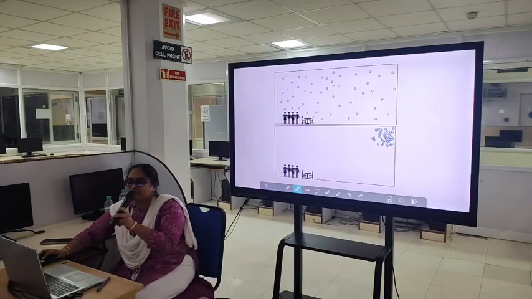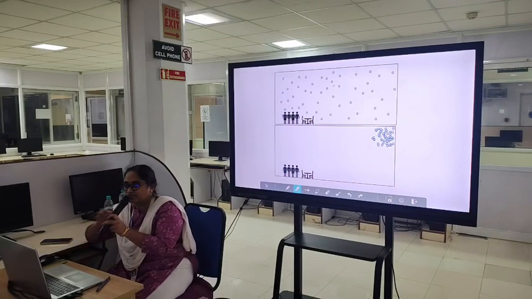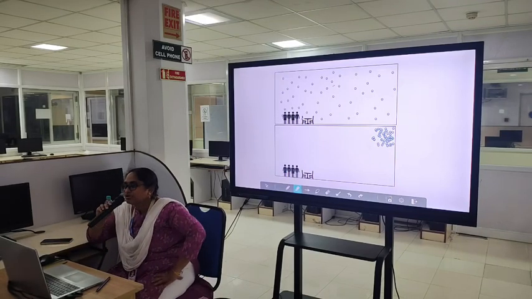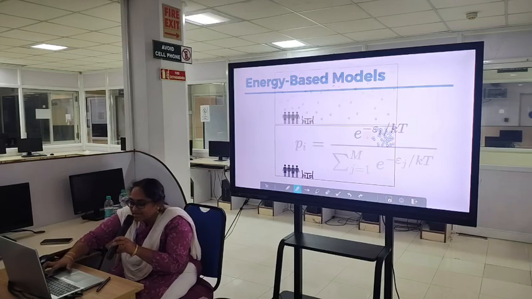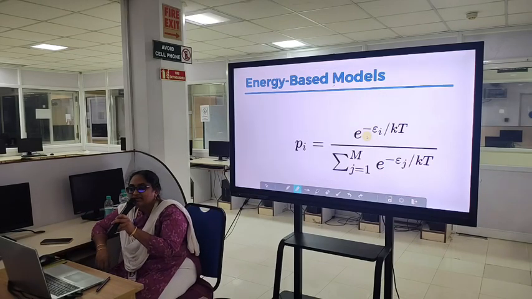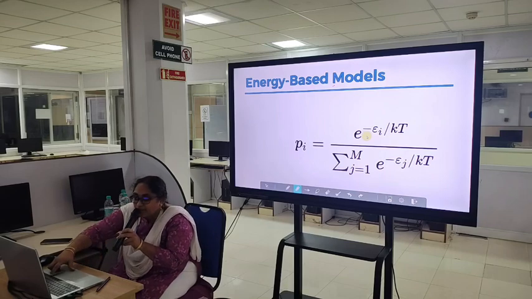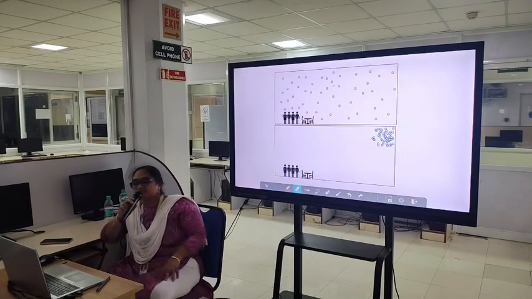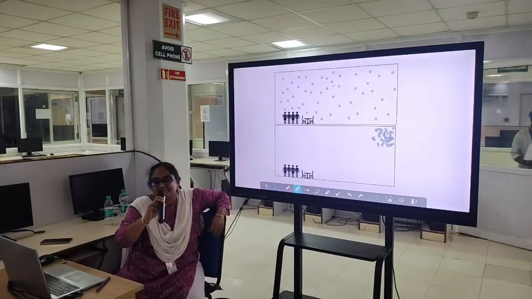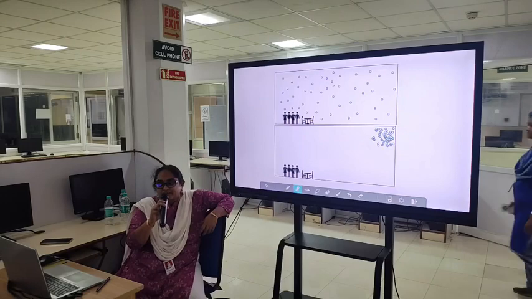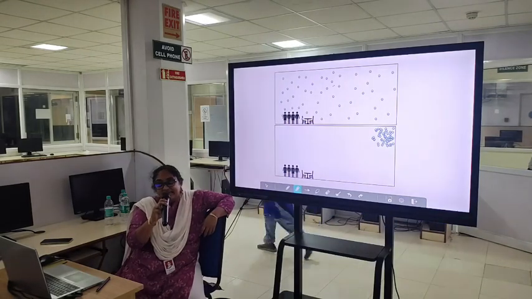Which is quite likely? The first scenario. So the Boltzmann energy model says that the lesser the energy, the more stable the model is, and the more probable the state. When the molecules are all packed in one place, the energy will be greater.